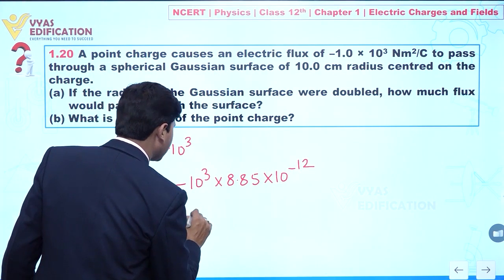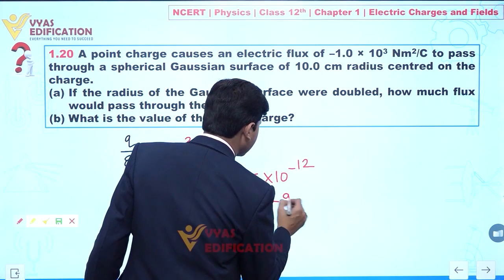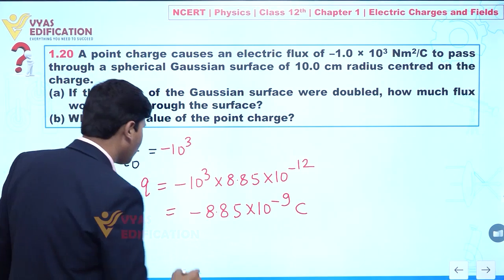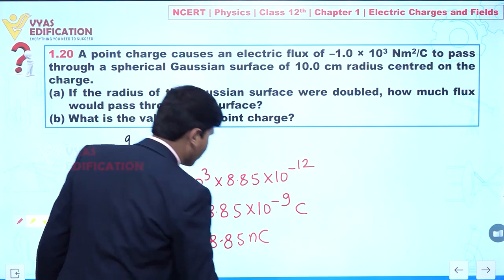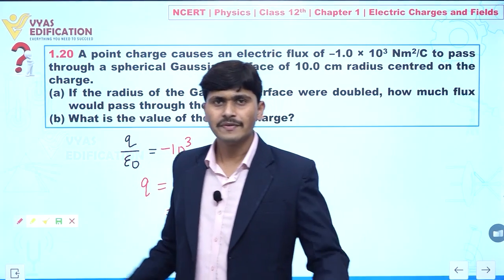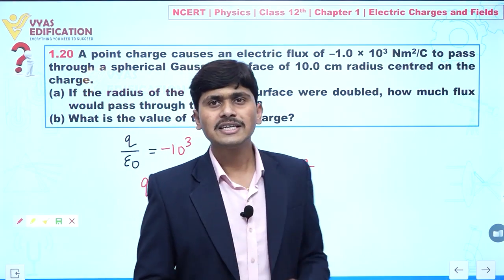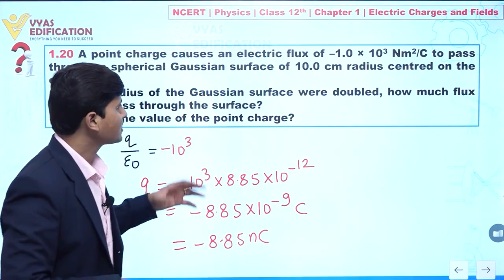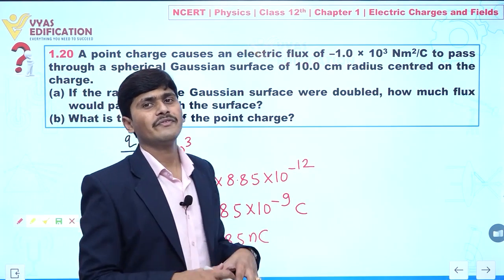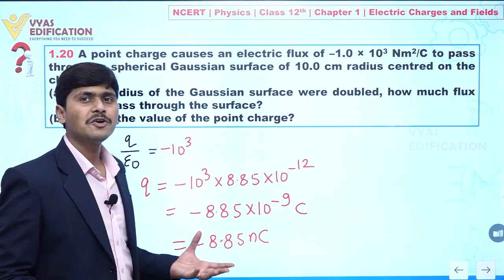From here we get minus 8.85 × 10^-9 coulomb, or you can write minus 8.85 nanocoulomb. Definitely we get a negative charge, because for a negative charge, electric field lines always come in the inward direction, and the flux is given as negative, which means this is inward flux. So the value of q we get is minus 8.85 nanocoulomb.